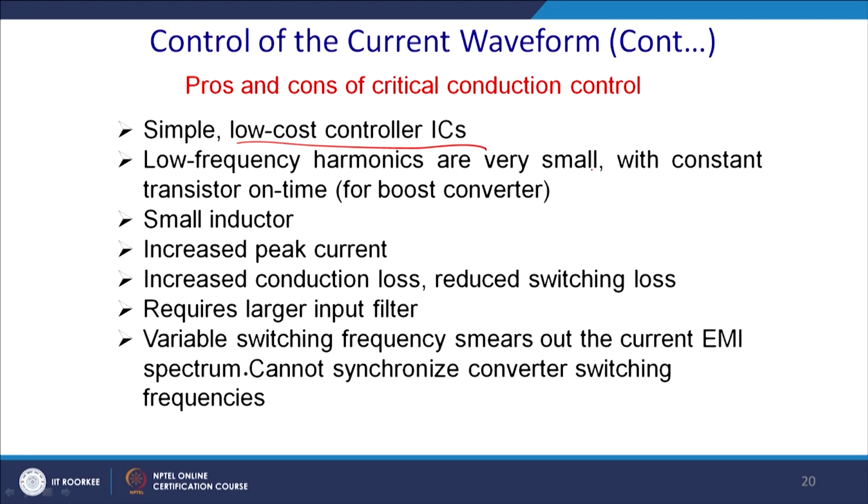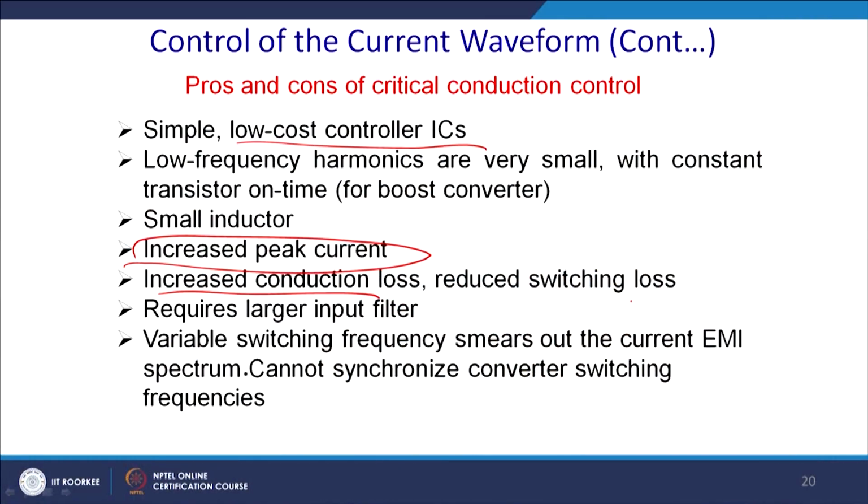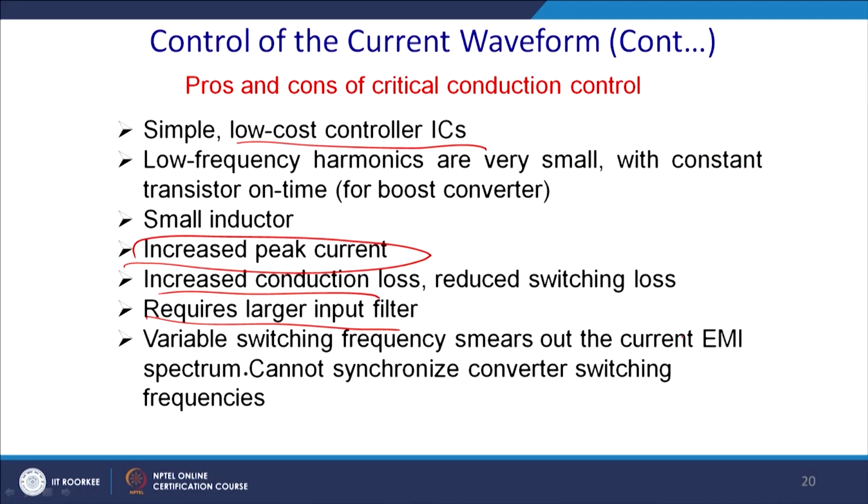But the disadvantage is this: basically it increases the peak current and the current becomes peaky, and the biggest disadvantage of this is that you have a problem of EMI and EMC. Thus there is increased conduction loss and reduced switching loss, a larger input filter is required to filter it out, the switching frequency is variable, and it smears out the current EMI spectrum.